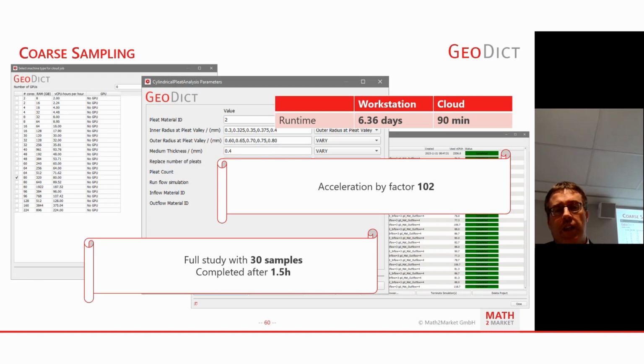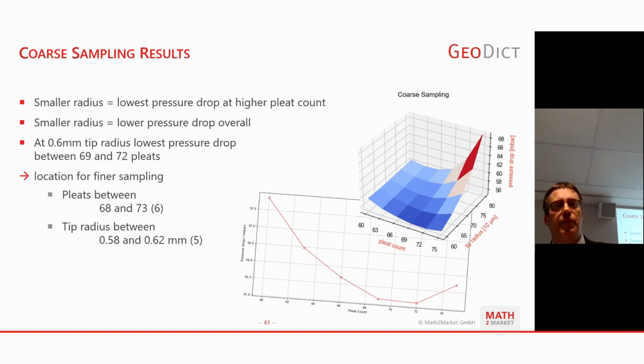The simulation results of our coarse sampling means I have to leave the screen again a bit. In that case, you can see the pleat count on the one axis and the tip radius on the second axis. And you can see that for every tip radius, as to be expected, it goes down and then up again when the pleats get too crowded.